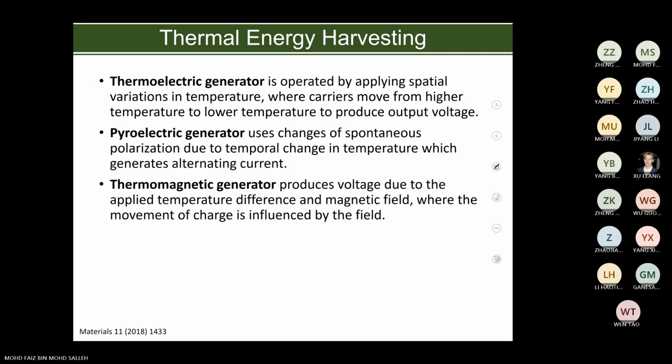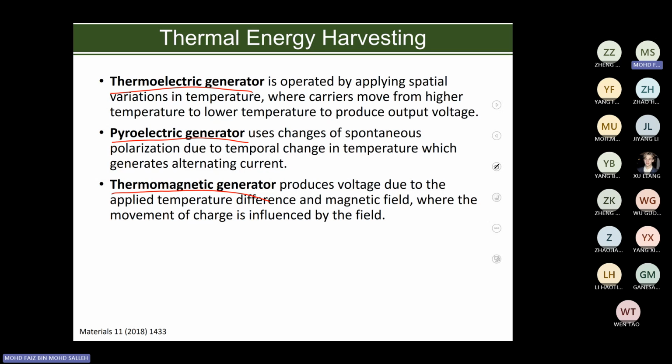For thermal, we can use thermoelectric, pyroelectric, and thermomagnetic. We will look in detail at thermoelectric and pyroelectric. Thermoelectric usually depends on temperature difference. If you have any temperature difference, you can produce electrical power, but the challenge is how to maintain that temperature difference.